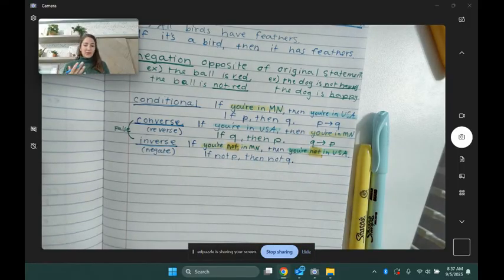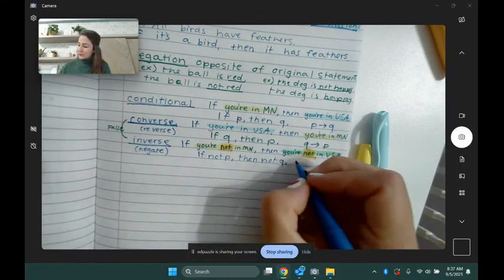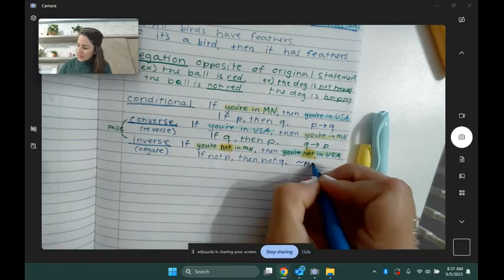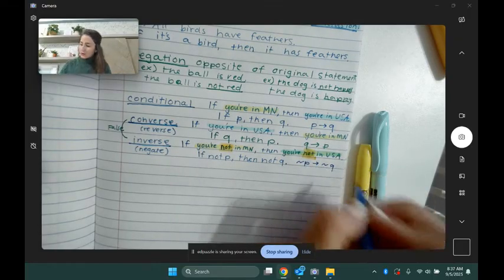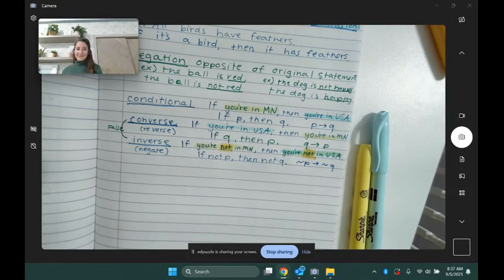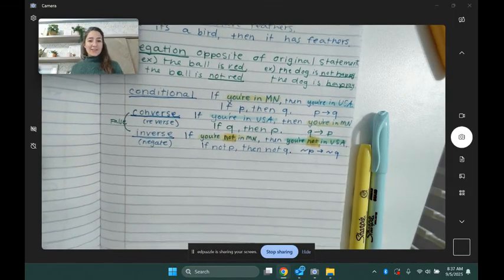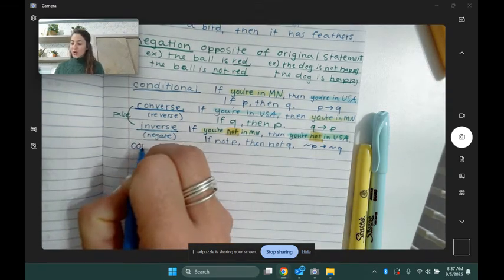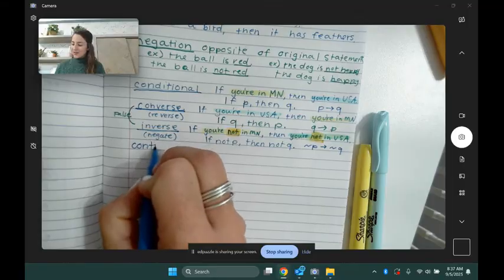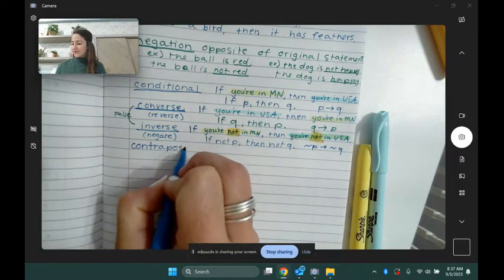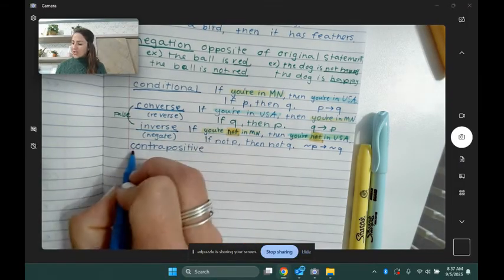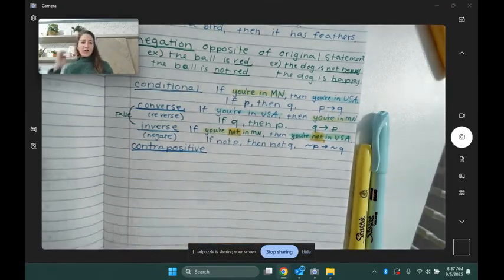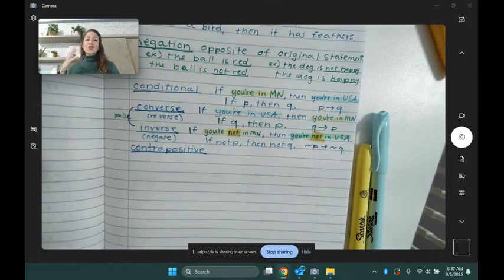So this would be if not P, then not Q. The symbol for not is like a little squiggle. Not P, not Q. Now the last one, and the fanciest of all of these four pieces, my favorite, is the contrapositive. Contra, I see that word in contradict.